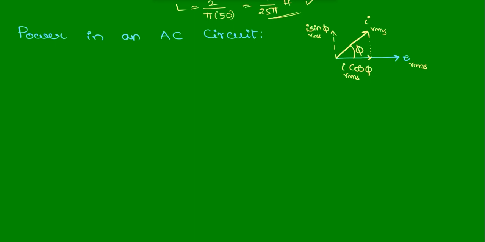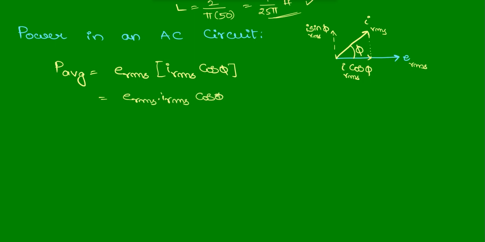Then the power dissipated in the circuit, or average power we can write like this, that will be E RMS into I RMS cos phi. The same equation, E RMS into I RMS into cos phi.